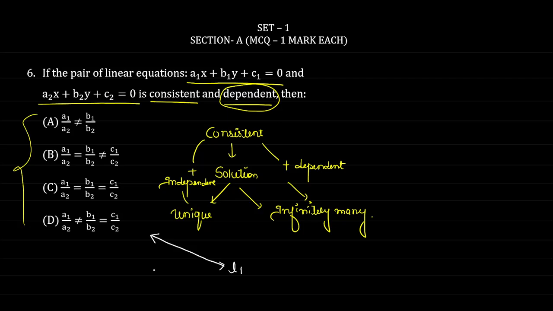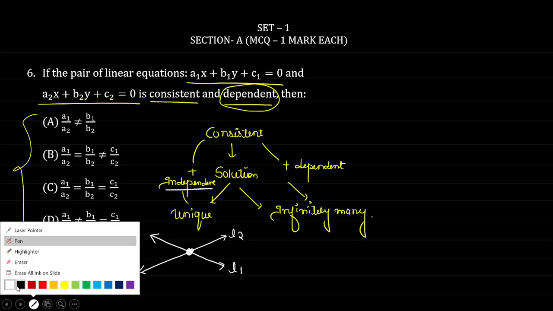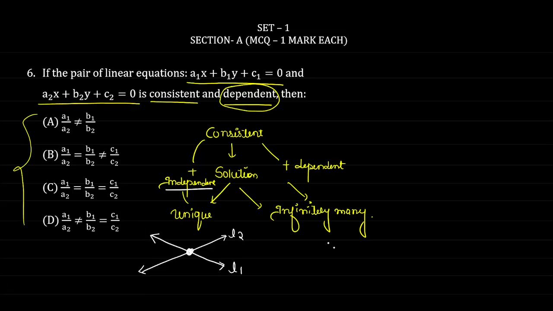Let's suppose this is line 1, okay, and this is L2. So they will intersect only at a single point. Single, that is why it is a single unique solution, right? That is why it is independent also. It has a solution, but they are not dependent, okay? They are completely independent of each other, right? While if we talk about infinitely many solutions, we have two lines.